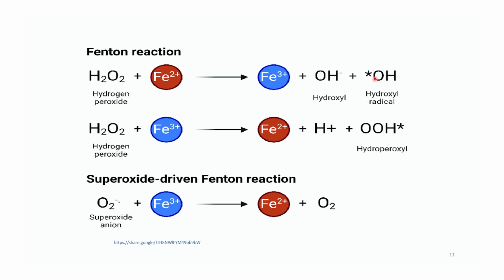This hydroxyl radical also reacts with hydrogen peroxide to create a superoxide anion. Now this superoxide anion will react with Fe3+ to produce Fe2+ and O2. This Fe2+ that is being generated gets recycled back to the start.